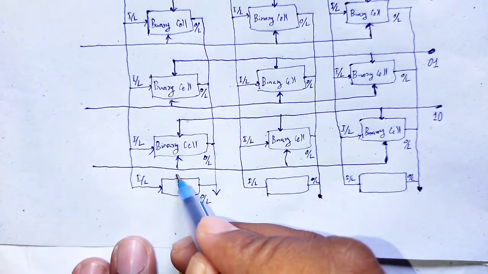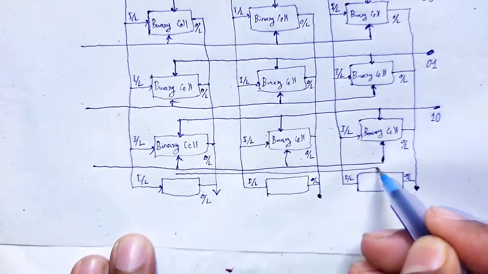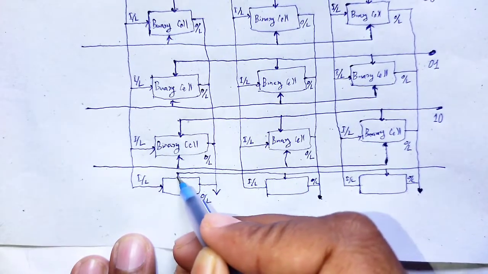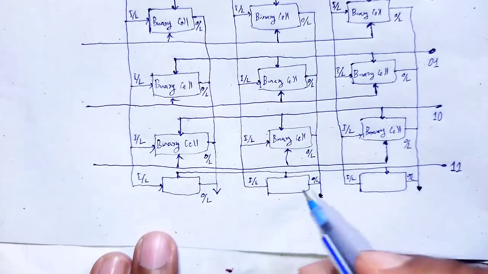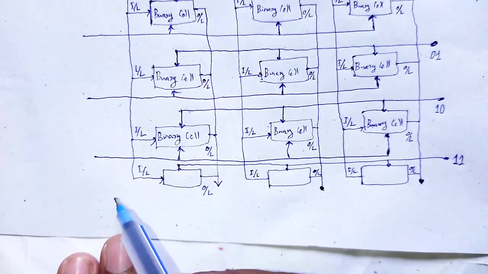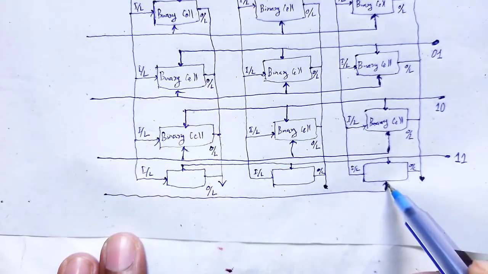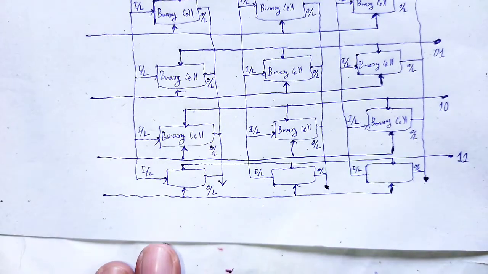For read line, this is the read line, it is read as a 1 1. Next, for write line, 3 write lines.